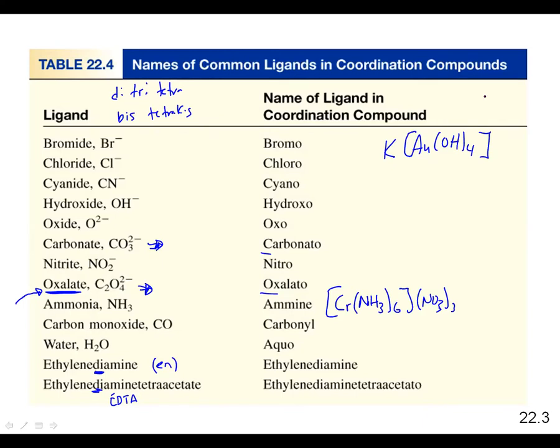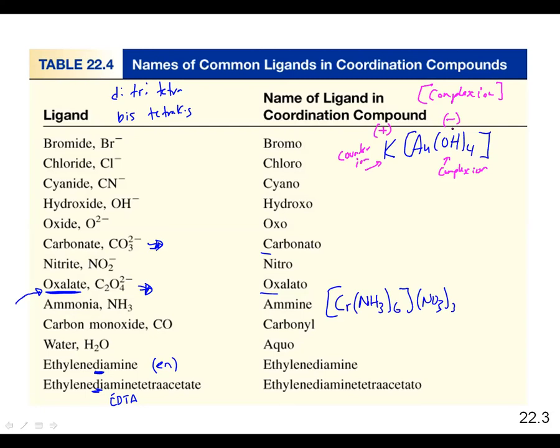And just the arrangement of this automatically tells us that this is going to be our counter ion, and this is going to be our complex ion. From the arrangement, we see that the counter ion comes first, so we know it's positive, and the complex ion part comes second, so we know it's negative.